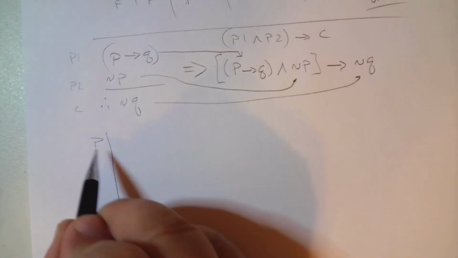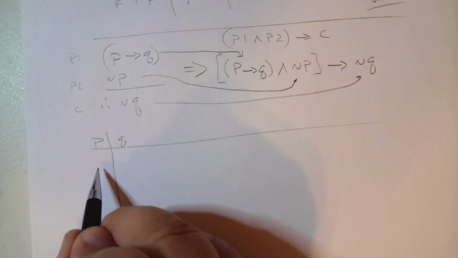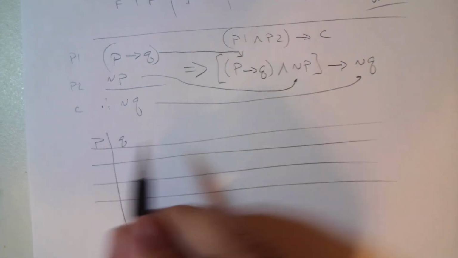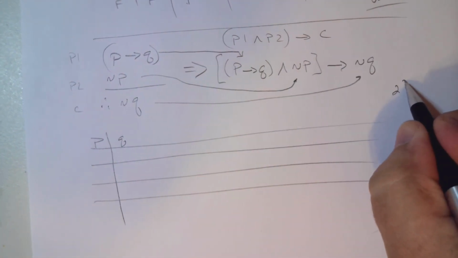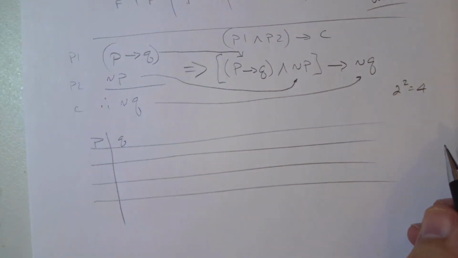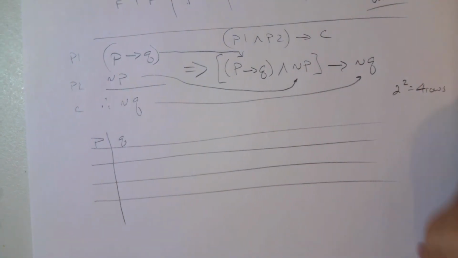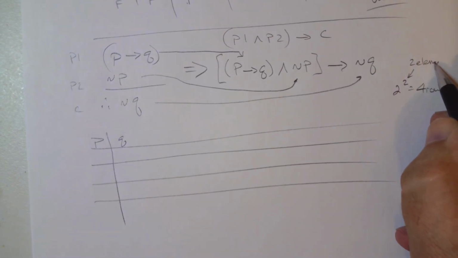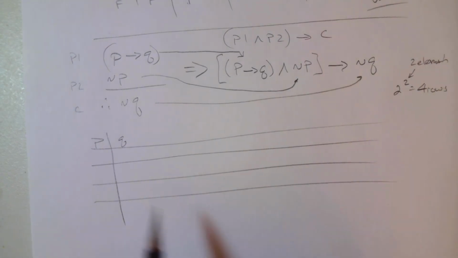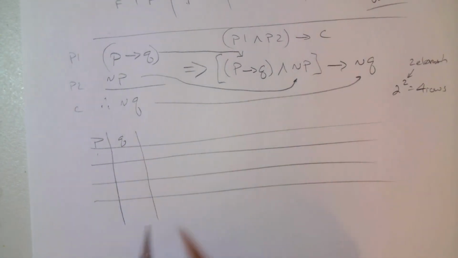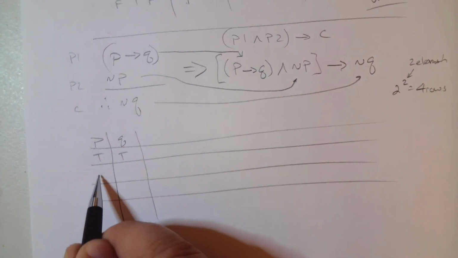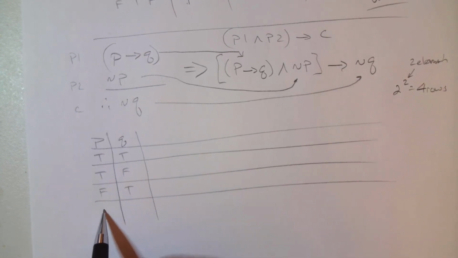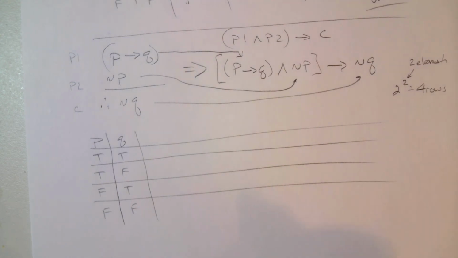So let's create our truth table, P and Q. Again, since we have two elements, 2 to the power 2, we'll have 4 rows. So the possibilities are they both be true, true and false, false and true, false and false.